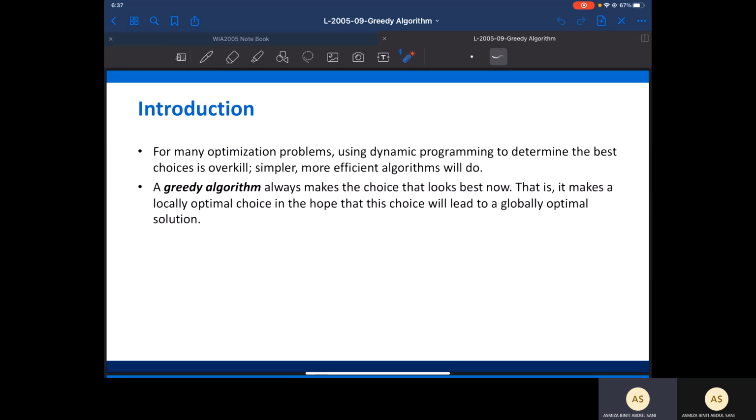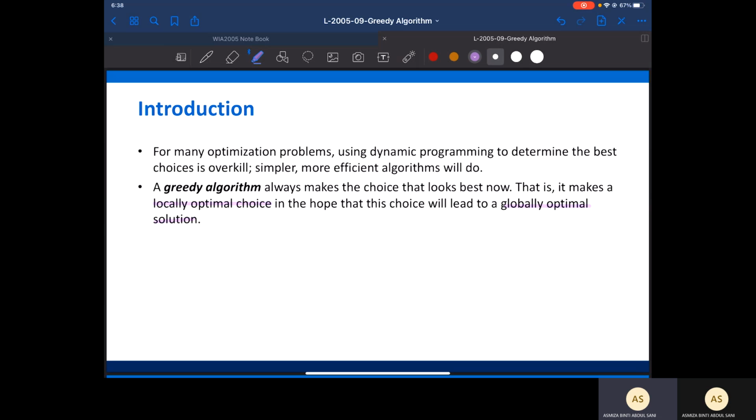So at each point, we try to look at what is the next best choice, that is to make a locally optimal choice, in the hope that this choice will lead into a globally optimal solution. So normally greedy algorithm will give you some sort of best estimation of the optimal global solution.